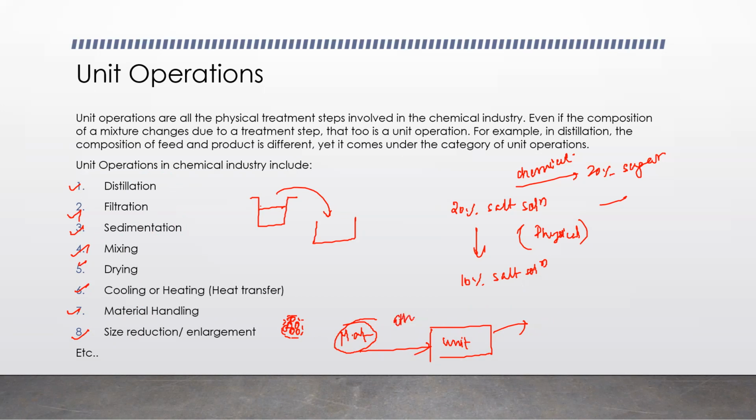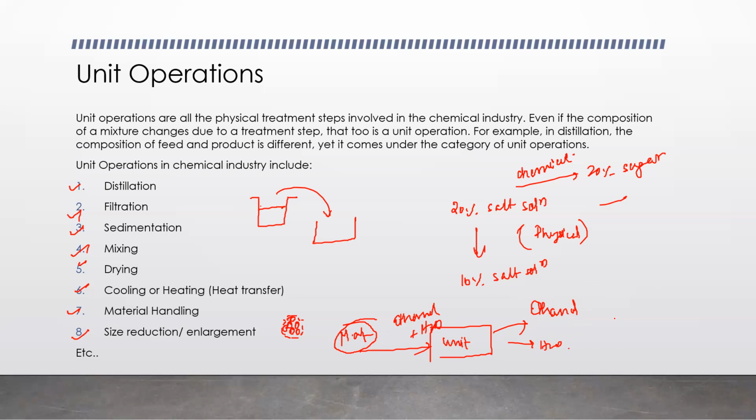If we send ethanol in, we'll get ethanol out. If we send ethanol plus water inside, maybe they'll be separated, but we'll get ethanol and water out. We are not going to send in ethanol and get methanol. That is a chemical treatment process.